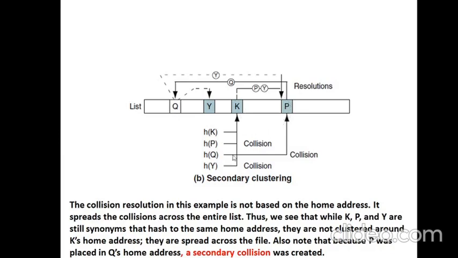And next, here we are seeing a new problem that was not there in the previous case. We want to store Q, but P is already sitting in its place. Even though they are not synonyms, P has been repositioned into the address which is the target address of key Q.